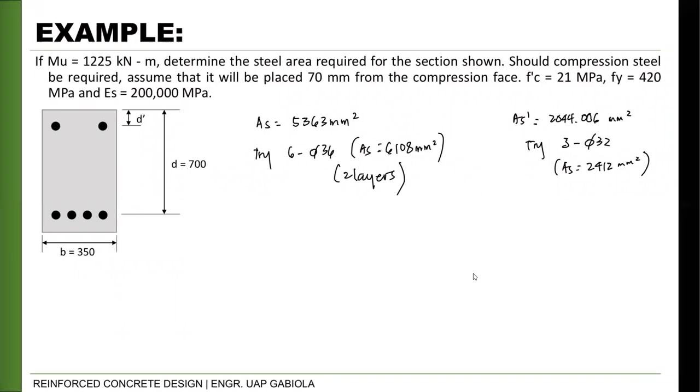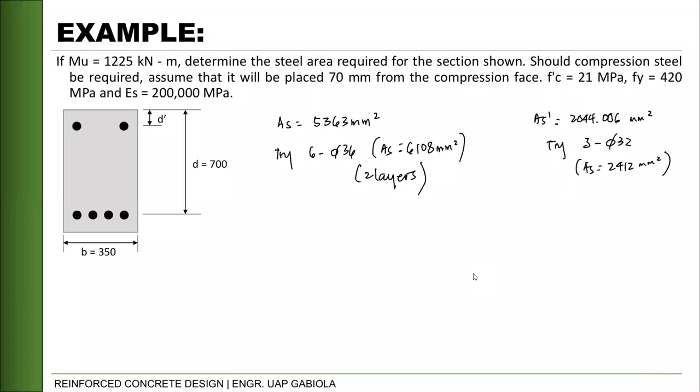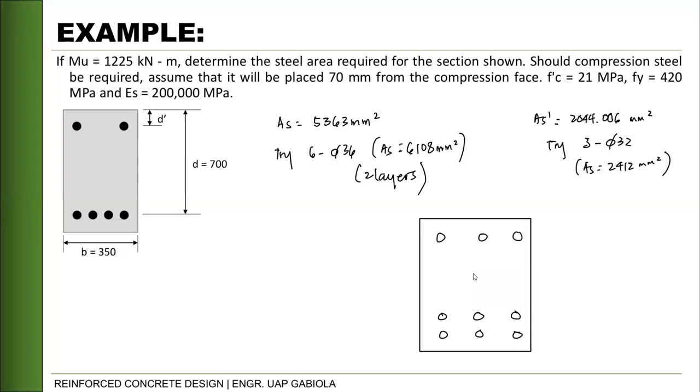Okay? Again, check nyo lang kung mag-yield yung steel ng tension reinforcement, and then tsaka natin pwedeng i-verify, ano? Pero again, i-aasa ko na yung pagche-check sa inyo. Ayan. So, we have 2 layers na 6. So, 3 layers yun. So, 1, 2, 3, 4, 5, 6. And then we have 1, 2, 3. Okay?